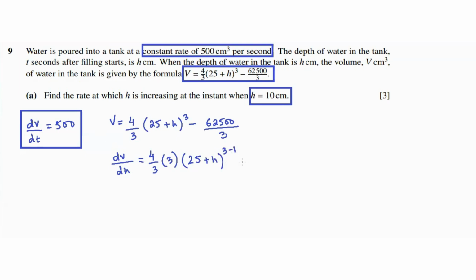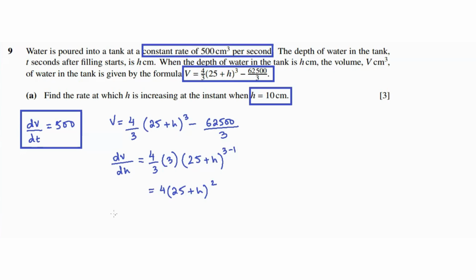Basically in differentiation, we bring the power down and then subtract 1 from the power. As you can see, we brought 3 down and it got multiplied by 4/3, and then we subtracted 1 from 3. Now we have 4(25 + H)². And differentiation of a constant is always 0. That's why the fraction disappears.